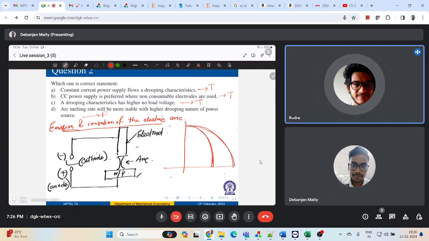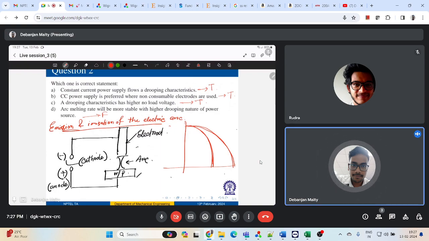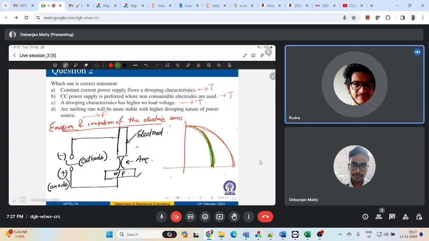The first one, the green one, is more stable. With a change in voltage, the change in current will be less.